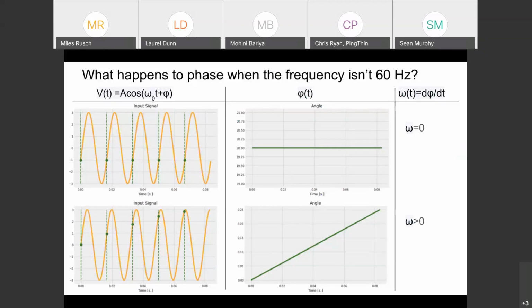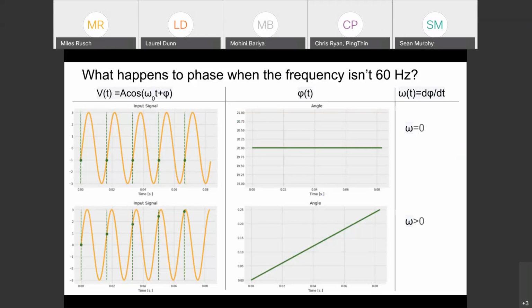Remember that the phase needs to be defined between two sinusoids. So in this case, the reference sinusoid that we are using to define the phase is a perfect 60 hertz sine wave.